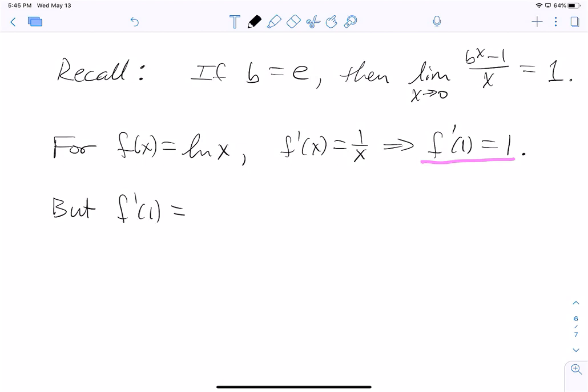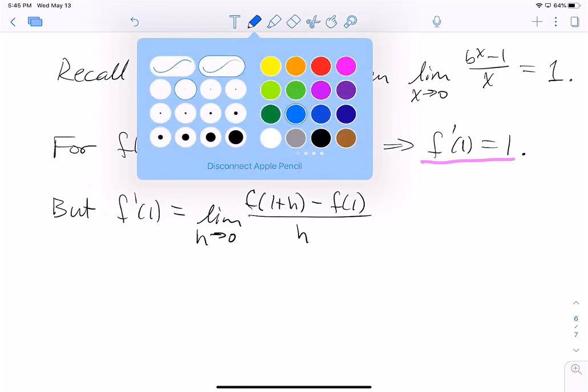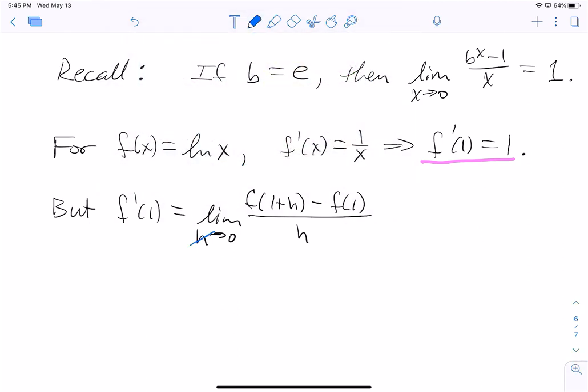And so f'(1) is equal to the limit as h approaches 0 of (f(1 + h) - f(1))/h, where we see 1 is playing the role of x in the definition of derivative. Well, we haven't used x, and instead of h here, I'm going to rewrite all of the h's using an x.